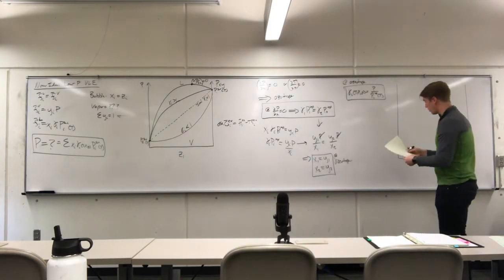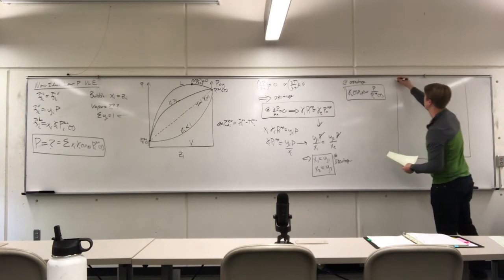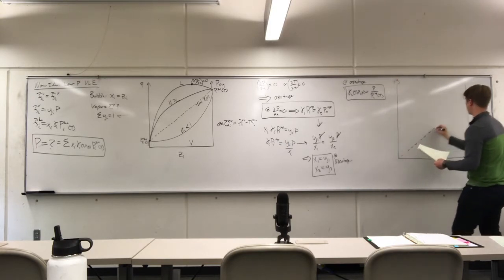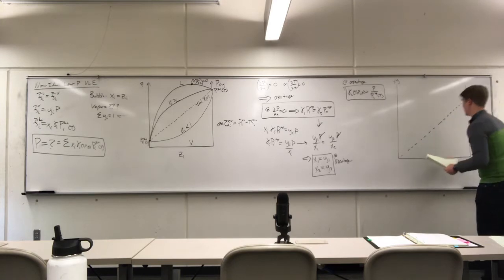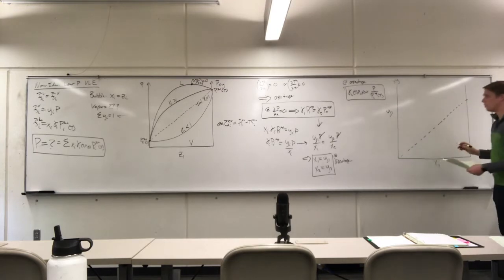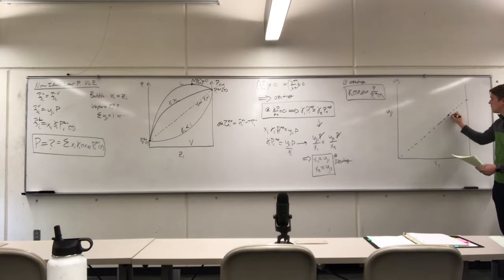So with an azeotrope, if I look at an XY diagram, I'm going to have my 45-degree line, or my y equals x line, x of 1, y of 1. If I have an azeotrope, that means that at some point my x and y are going to be equal to one another.